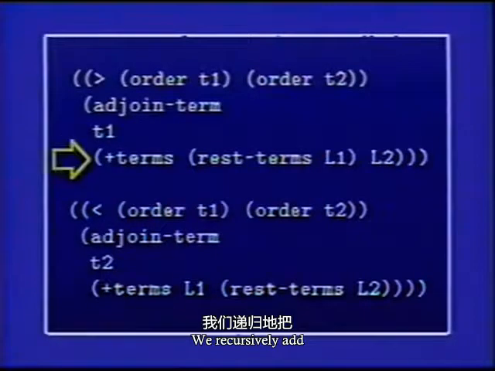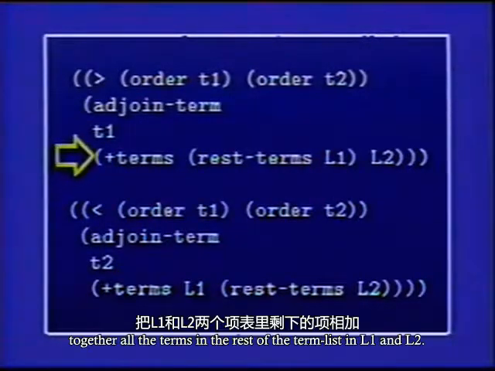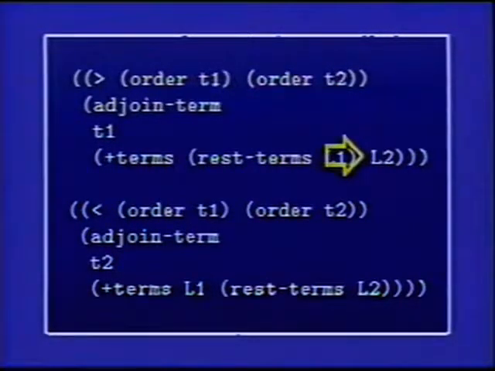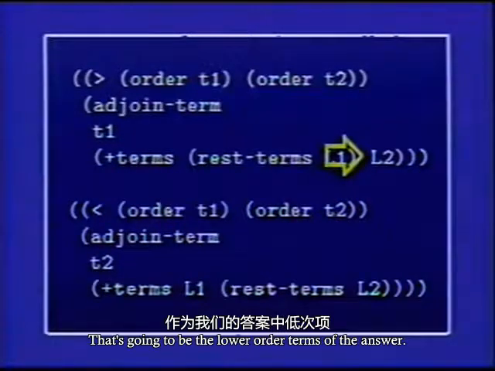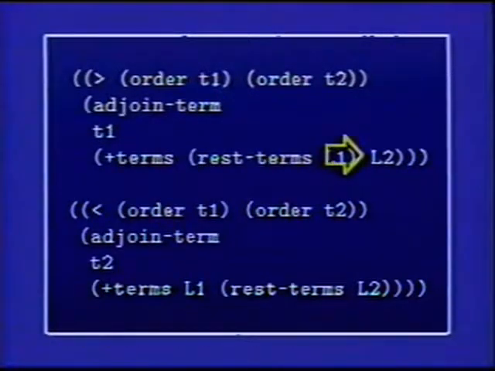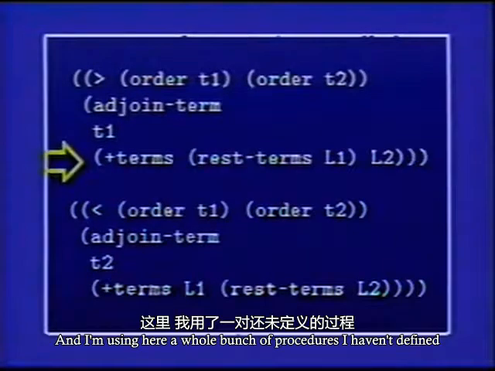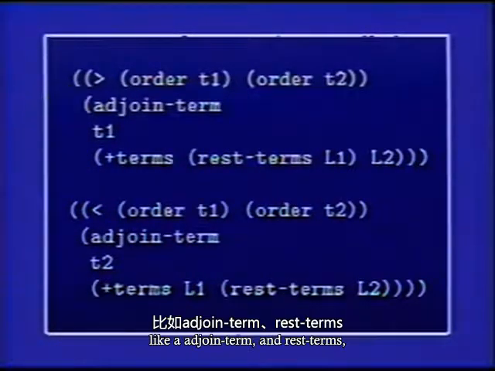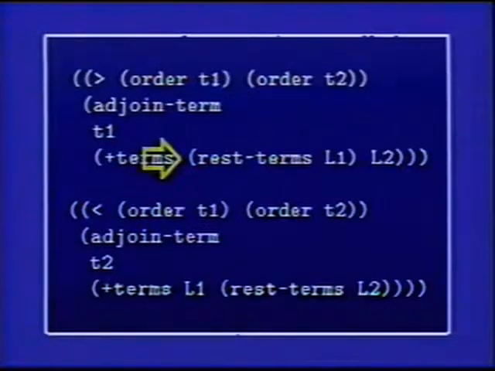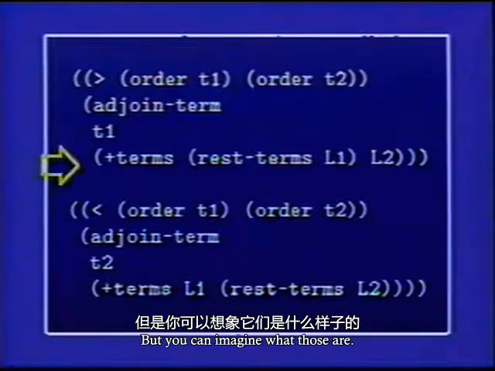We recursively add together all the terms in the rest of the term list in L1 and L2. That's going to be the lower order terms of the answer. And then we're going to adjoin to that the highest order term. And I'm using here a whole bunch of procedures I haven't defined, like adjoin term and rest terms and selectors that get order, but you can imagine what those are.